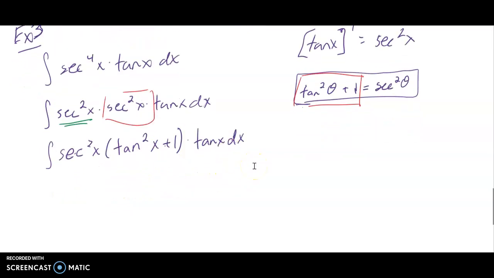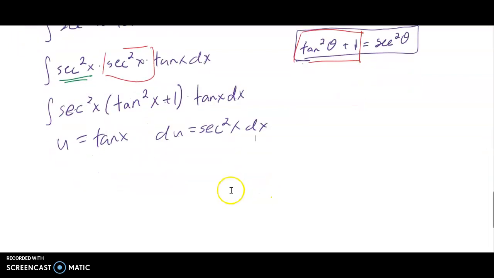So from here, I can start doing my u sub. I'm going to let my u equal tan x. Then my du, what's the derivative of tangent? I said we had to know that above, is secant squared x with a dx. So when I do my substitution here, all the tans are going to become u's. And then the secant squared is going to become part of my du.